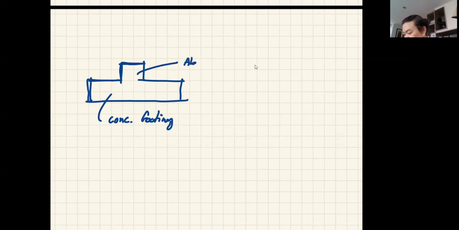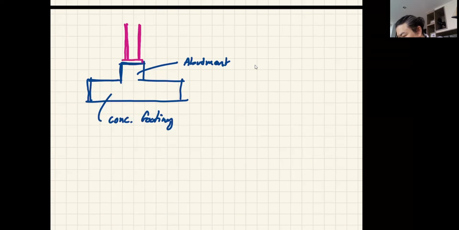This part is called abutment, or tomo, as I mentioned. And the steel must come down and connect to this abutment, or sometimes right there on the footing. But regardless of whether you connect the steel column to the concrete, whether it's an abutment or a footing, you need to have what we call a base plate. Okay, so this is a base plate.